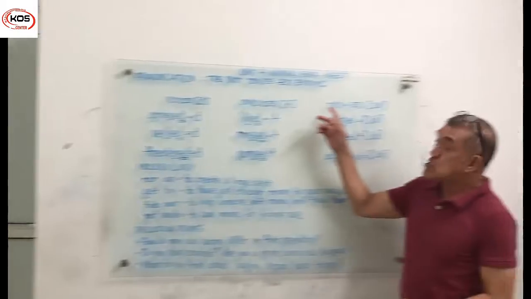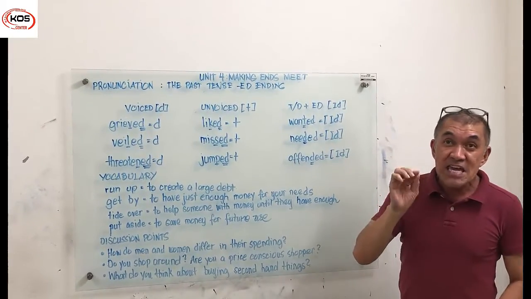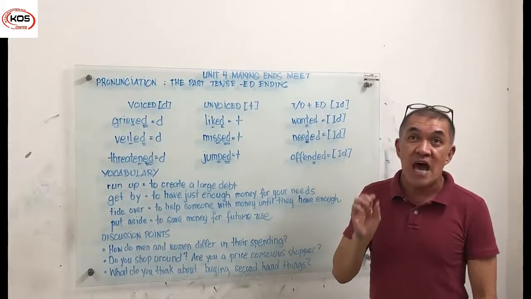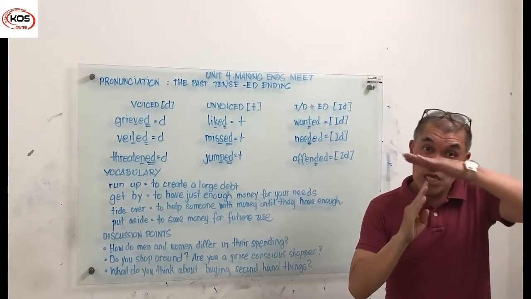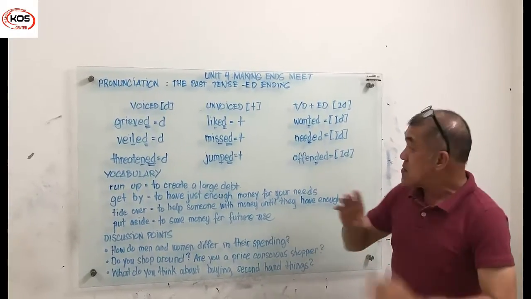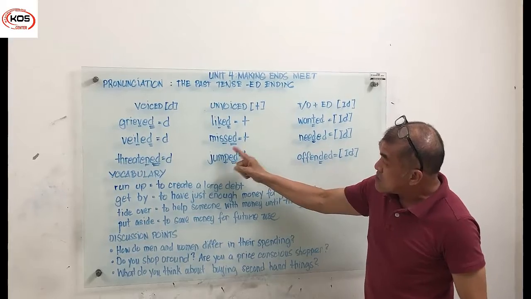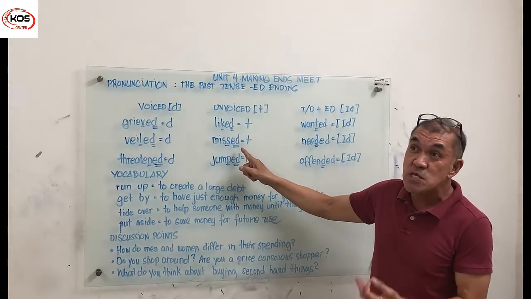Next, we have the t plus the ed sound. Remember, the ed sound is only pronounced as id if the root word ends in a t or a d. You understand? T or D. So say for example, this word here, it ends with an ed sound. My students will usually say it like this, missed.